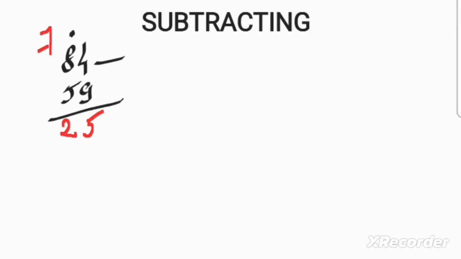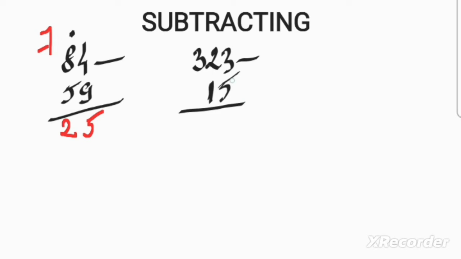Another example. 323 minus 15. It is easier to avoid borrowing when you are subtracting if you subtract by pairs of digits rather than individually.